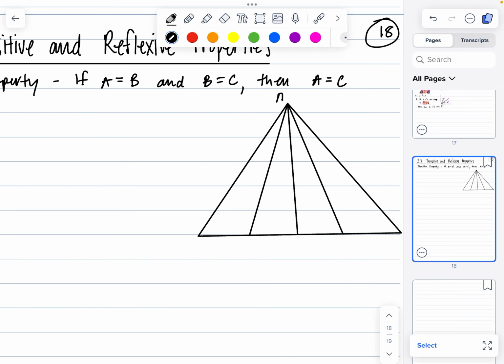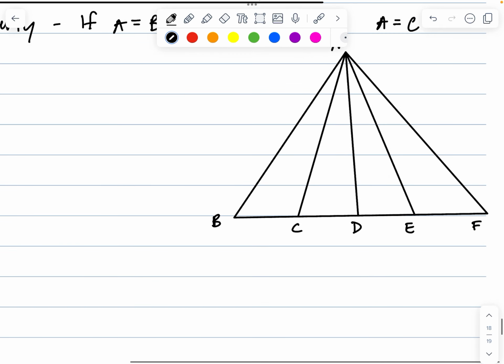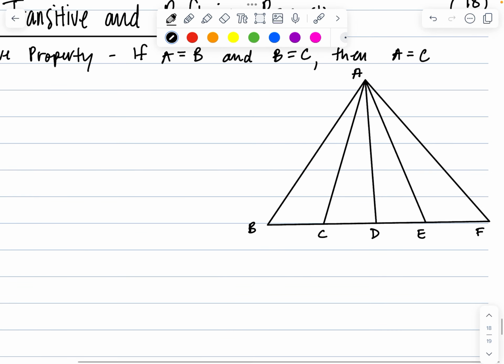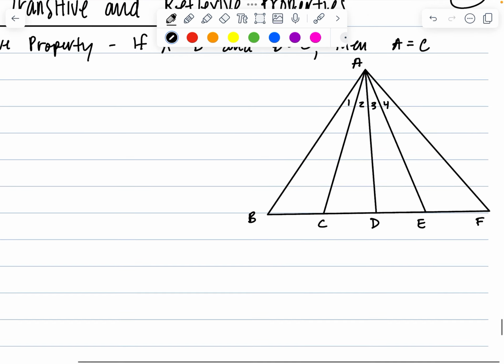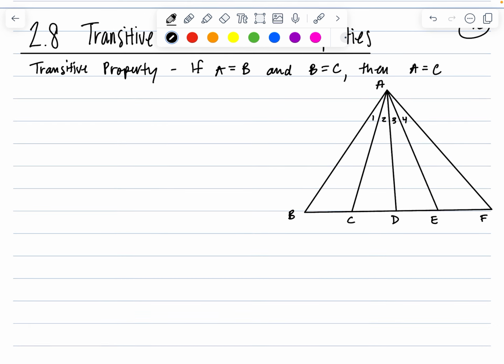Let's start with A for the vertex, then B, C, D, E, and F. And then we could actually even put some angle numbers here. Let's call these angle 1, 2, 3, and 4. And I think that would be enough to get through this.